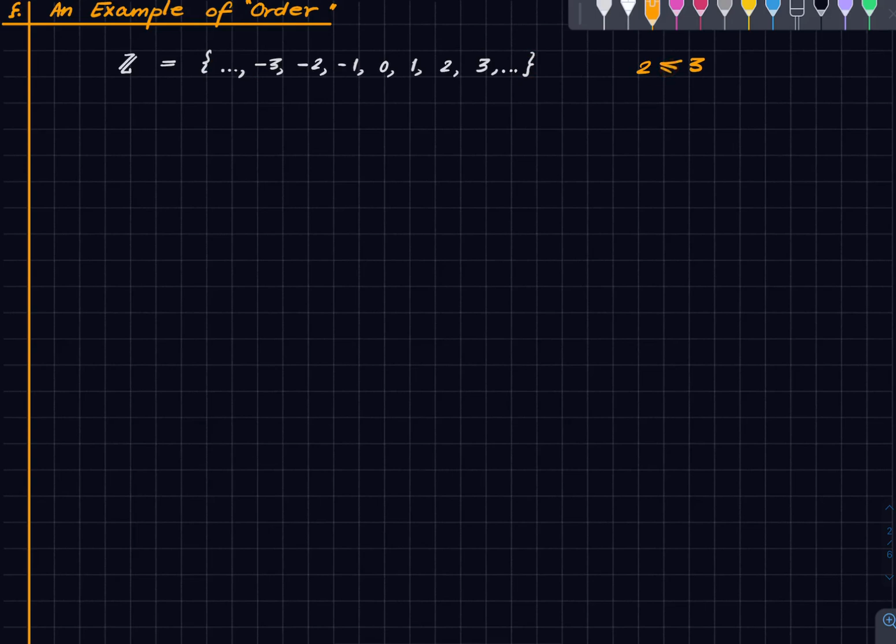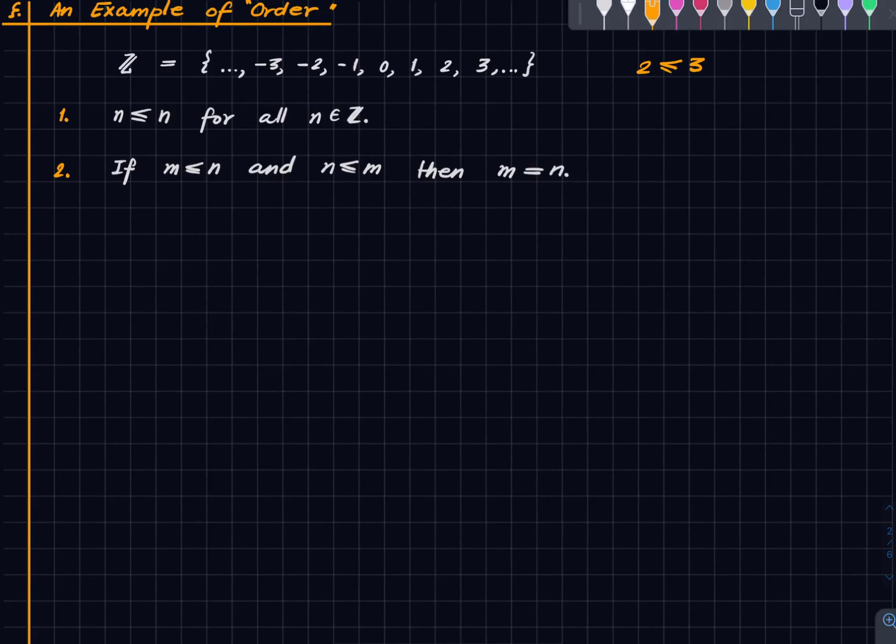So the first property is n less than or equal to n for all n. Right? That is there. Second is if two integers are both less than or equal to the other, then they are equal.